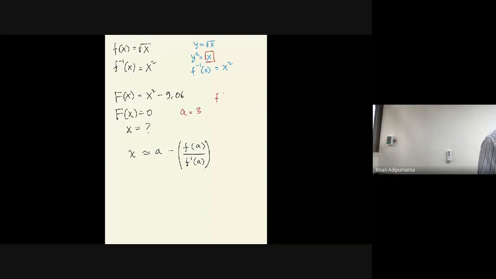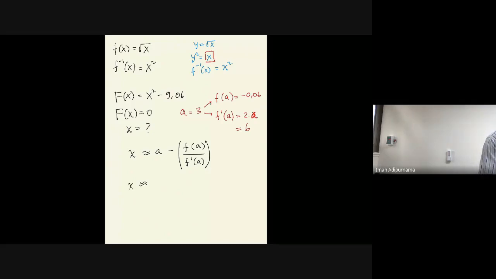So let's have some f(a). f(a) is when we plug in 3, it's 9 minus 9.006, so minus 0.006, right? So a is 3, and then f prime(a) for x squared is just 2x. So 2 times 3 becomes 6, right? So this is 2a, and it becomes 6.